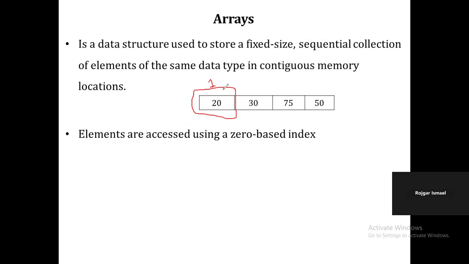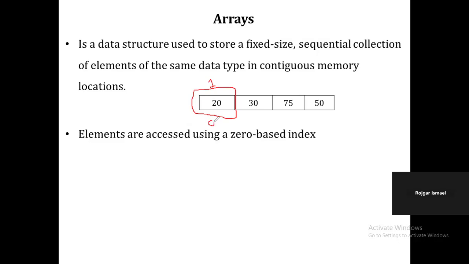So the element 1, or first element of this array, contains 20. But the index of this 20 is 0.